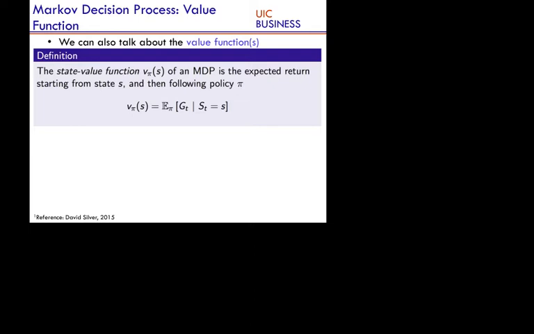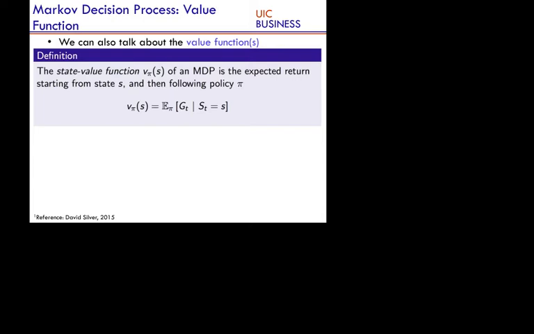Now, for Markov decision process, we can also talk about value functions. Just like there's a value function associated with the Markov reward process, it's going to be the same thing. For a given pi, it's a Markov reward process as well, so you just collect all the rewards going forward. There is no action involved because pi is completely specifying the action given a state.